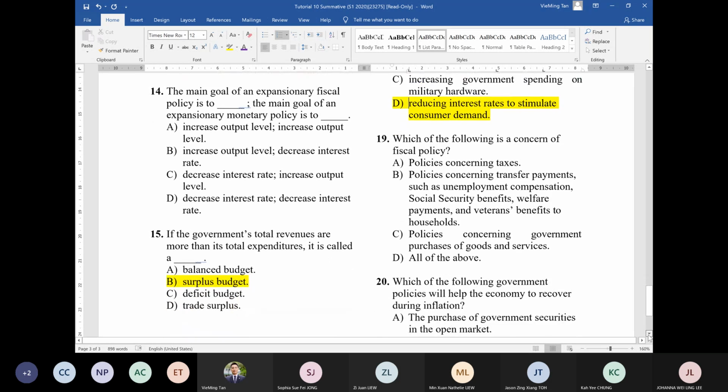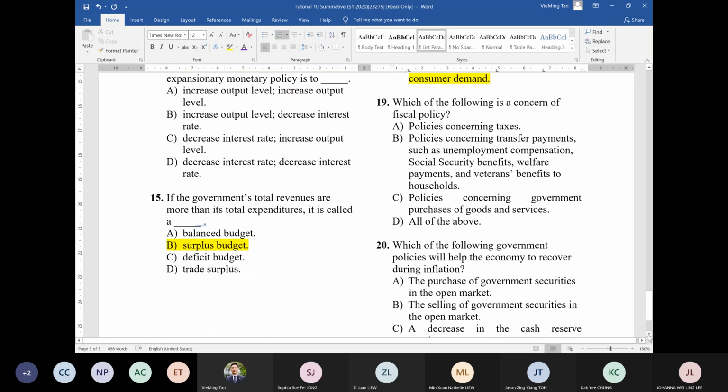Okay, number 19. Becky. Which of the following is a concern of fiscal policy, D, all of the above? Yeah, all of the above. The answer is D. Please stop me if you have any problem.